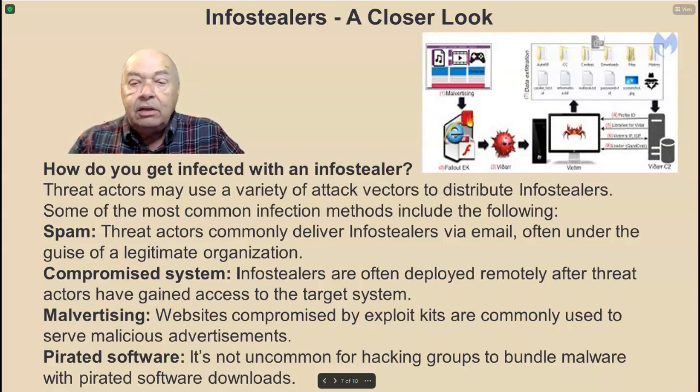Compromised system: infostealers are often deployed remotely after threat actors have gained access to the target system. Malvertising: websites compromised by exploit kits are commonly used to serve malicious advertisements. Pirated software: it's not uncommon for hacking groups to bundle malware in pirated software downloads.